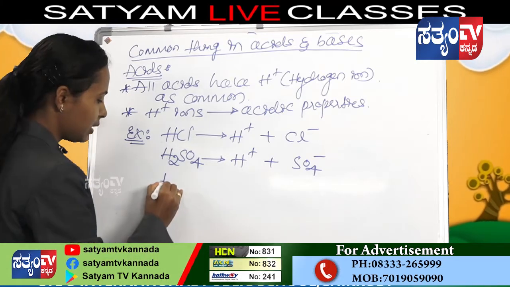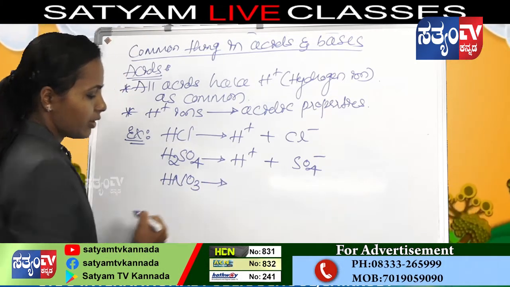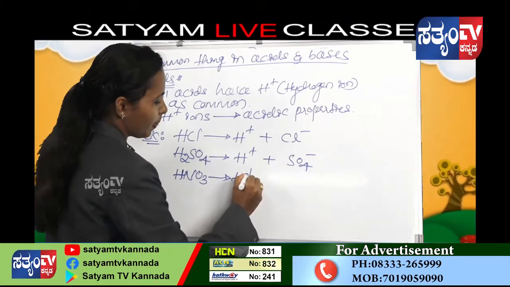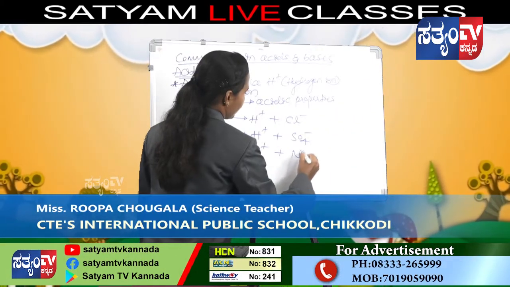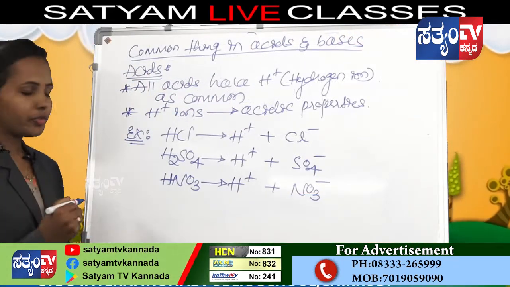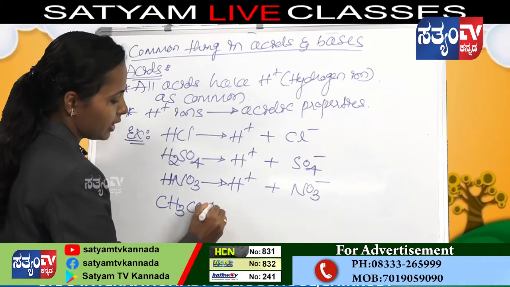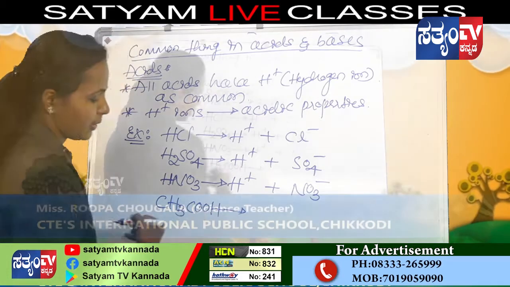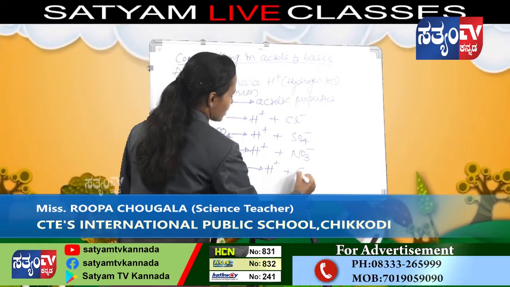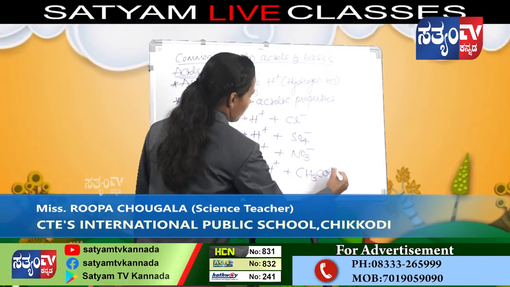Third example, HNO3, nitric acid, it gives H plus and NO3 minus. Fourth one, acetic acid, CH3COOH, it gives H plus and CH3COO minus.